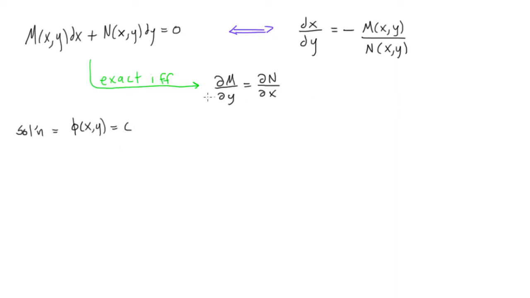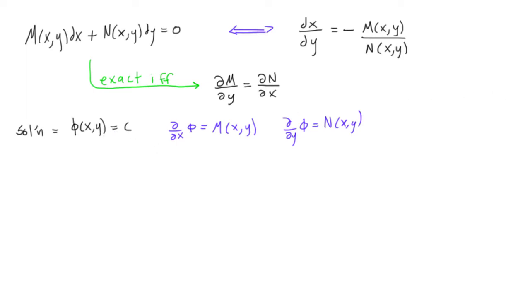We can write this in a different color: d/dx of phi is equal to this function m of x, y. And it also has a special property where d/dy of phi is equal to n, which was a function of x and y. And we also said that phi of x, y is equal to c.